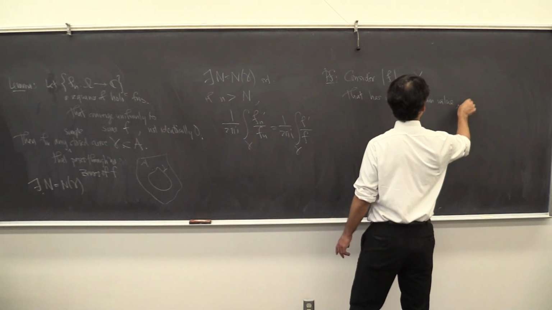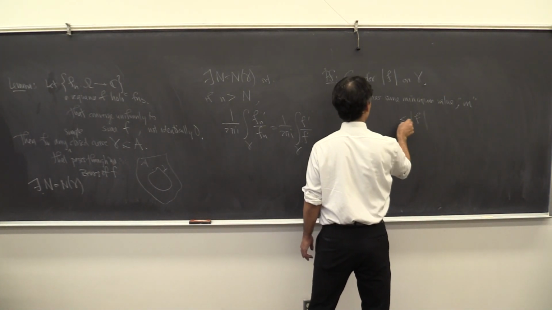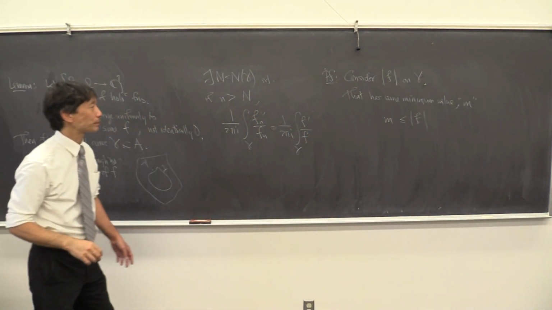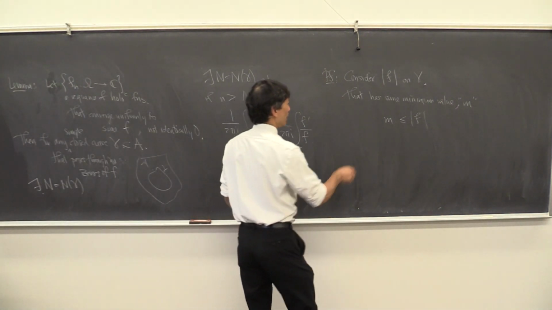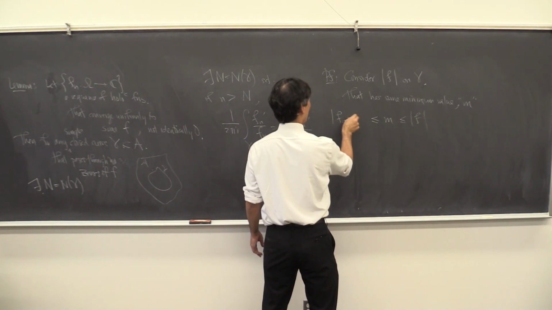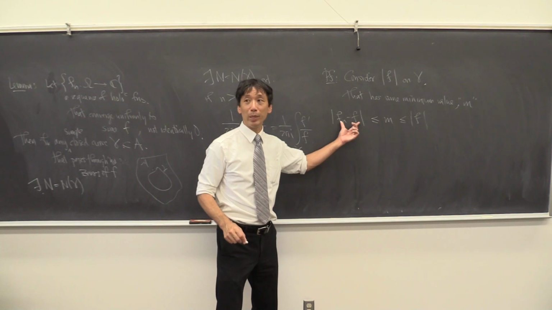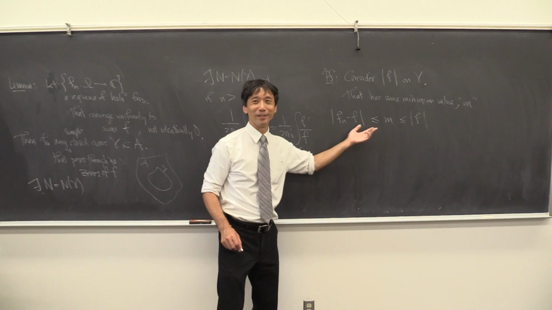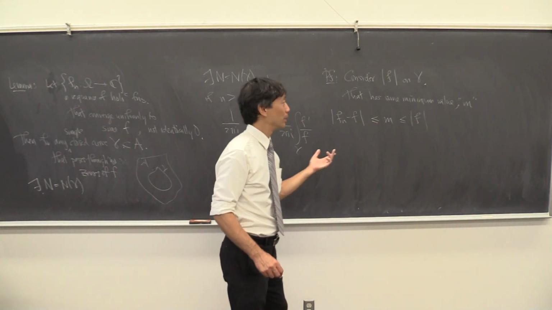Call it m. So you know that this thing is bigger than m. Further, by uniform convergence, you know that eventually the distance between f sub n and f is going to be smaller than that. And then you use Rouché's theorem. By Rouché's theorem, you just add them together, and they have the same number of zeros.